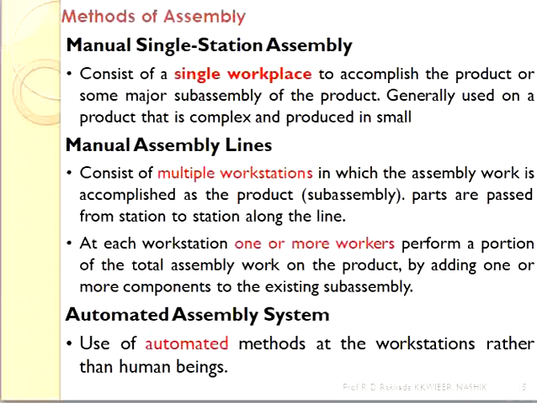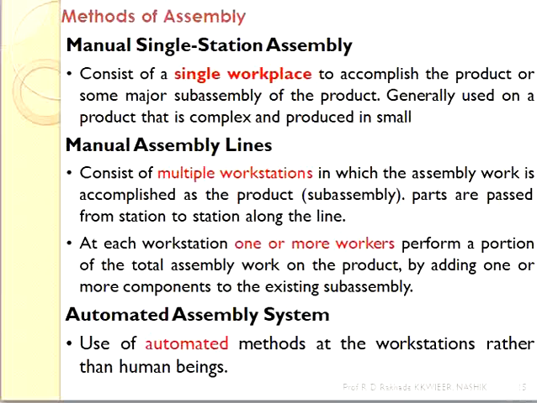Then method of assembly. First is manual single station assembly, which consists of a single workplace, and the operation is done manually. Then a manual assembly line, which consists of multiple workstations, and each workstation has one or more workers to perform a task.